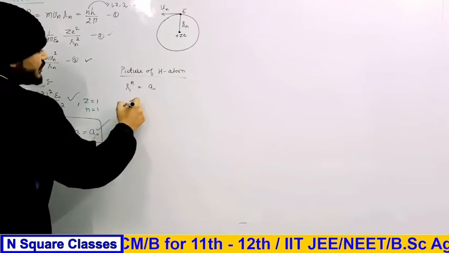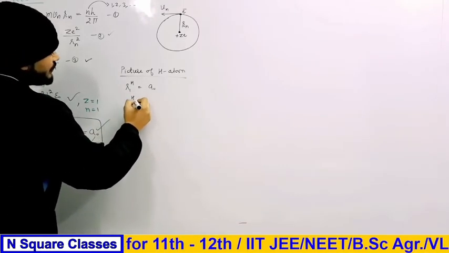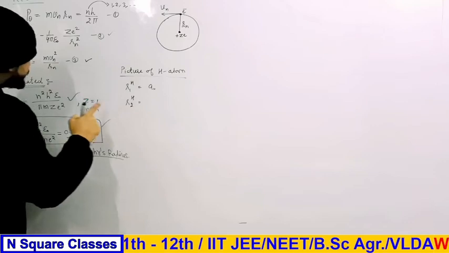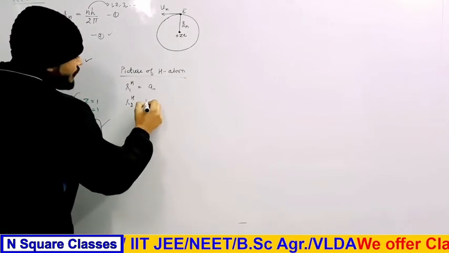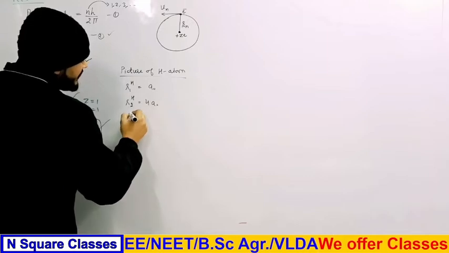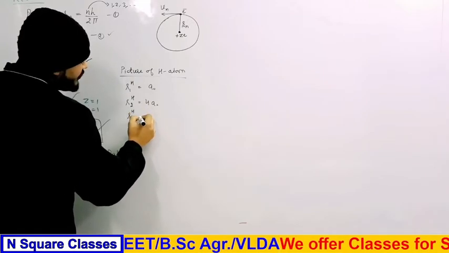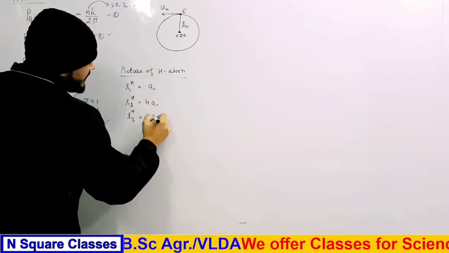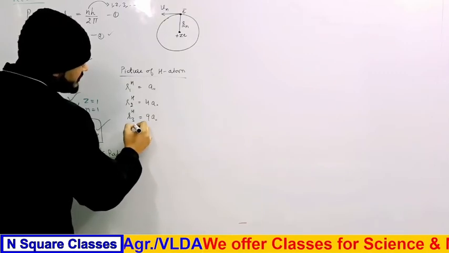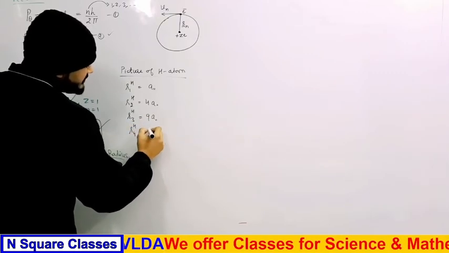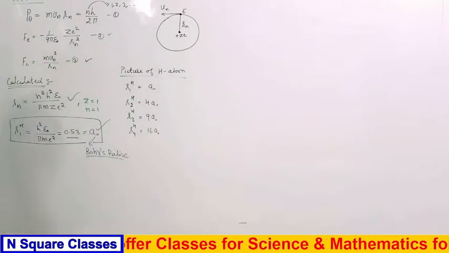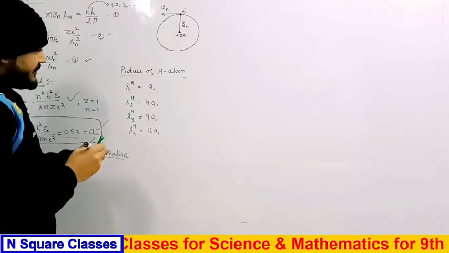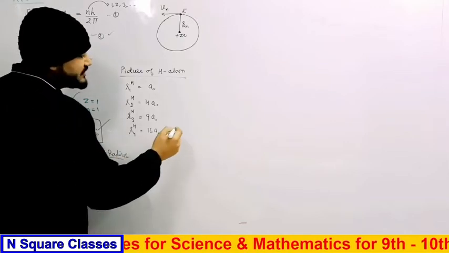And for R2H, that is for n equals 2 for the hydrogen atom, we put n equal to 2, that is n square, that is 4 A naught. For the third orbit, this is 9 A naught, and for the fourth orbit it is 16 A naught. Now using all these results, we can draw a picture of the hydrogen atom.